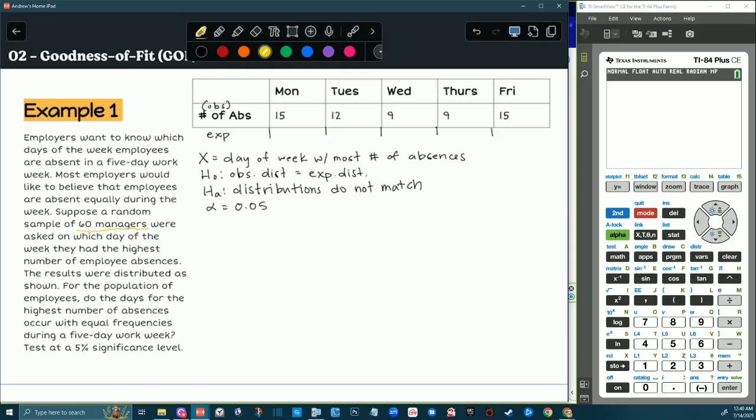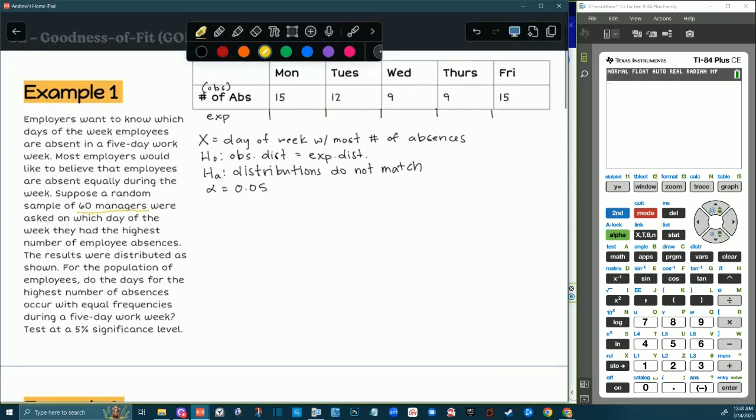And what we're testing is that do the days with the highest number of absences occur with equal frequencies? So I'm asking, if I ask 60 people, and I know that those 60 managers are going to give answers that are spread out equally among 5 days, that to figure out what goes in these boxes, I'm going to do 60 managers' answers divided by 5 days.